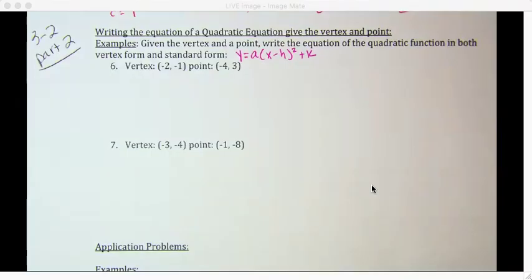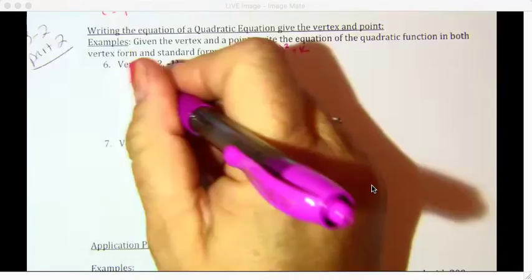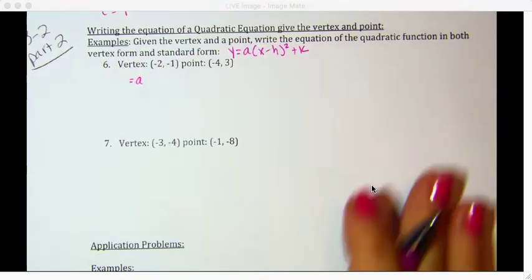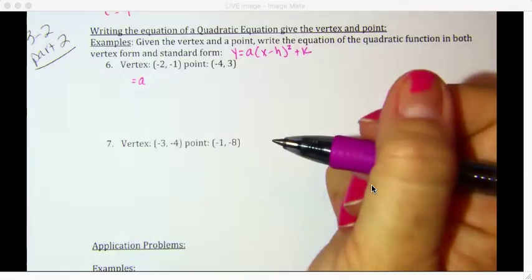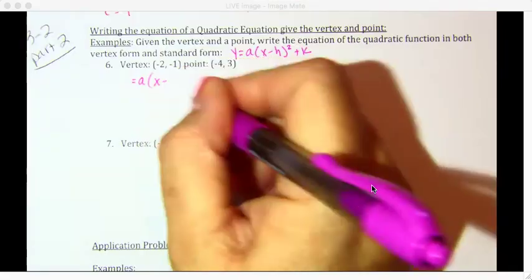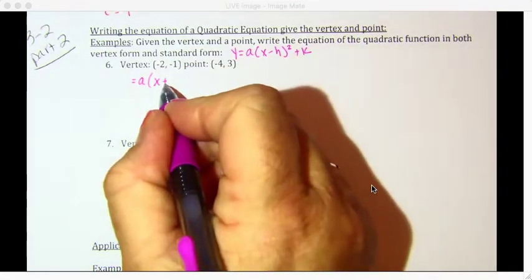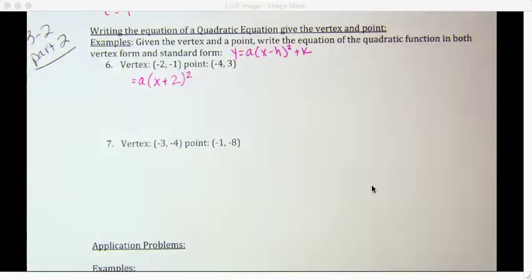And what we're going to do is plug in that vertex and plug in this point. So I'm going to leave the y value blank right now. I'm going to leave the a value, since I don't know what is stretching or maybe reflecting my vertex. Then I have x minus, and my h value is -2, so that will actually be +2 here, squared.